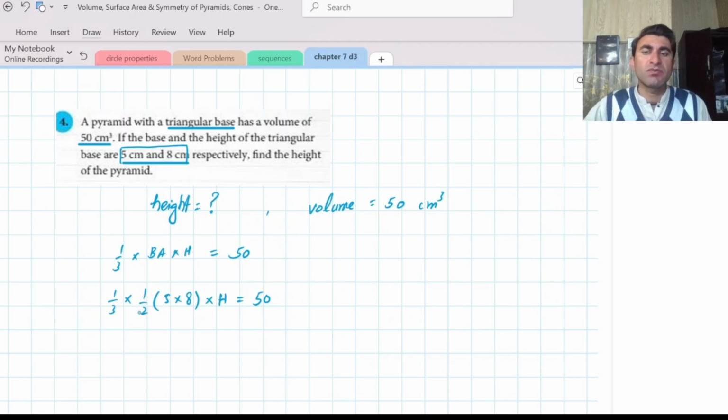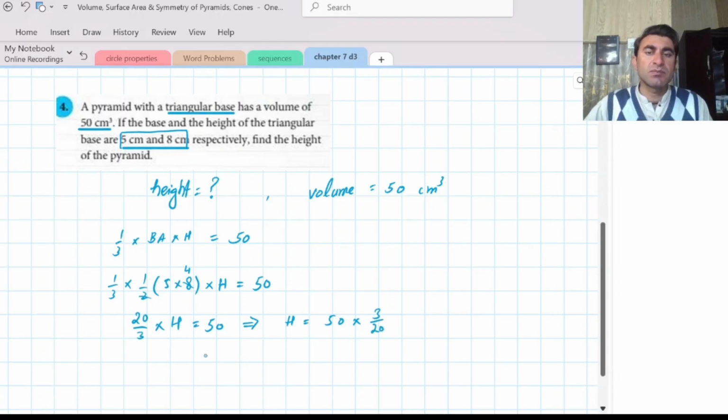Now we have to simplify it. I will cancel 2 with the 8, and here we are left with 20 divided by 3 multiplied by H is equal to 50, and when I move 20 upon 3 to the right hand side, it will become 50 multiplied by 3 upon 20.